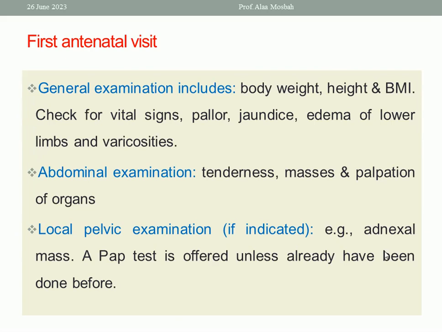Abdominal examination is important to detect any tenderness, any mass, and also for palpation of organs. Local pelvic examination in some cases may be indicated if there is a suspected adnexal mass. Also, you may need local pelvic examination with Cusco's speculum to do a Pap test, cervical smearing.